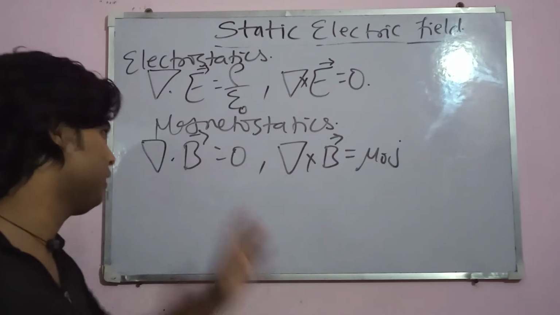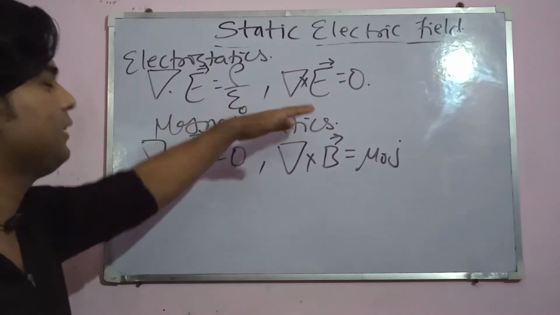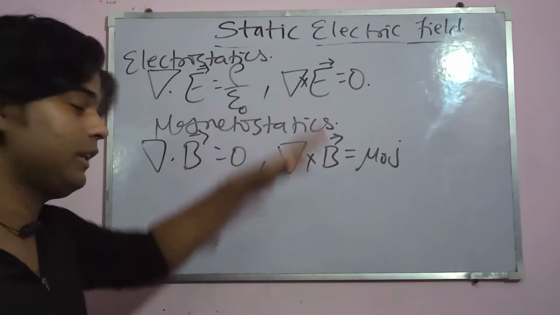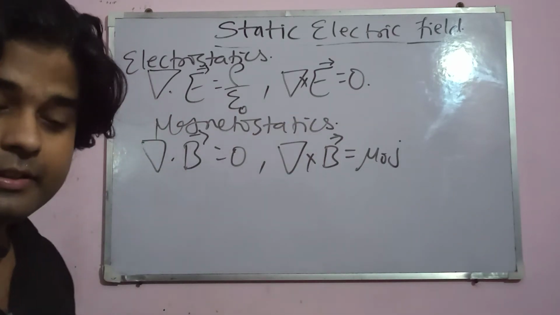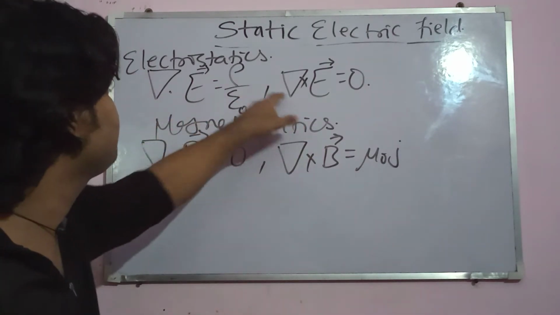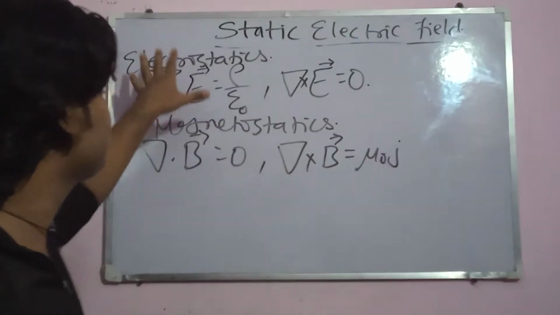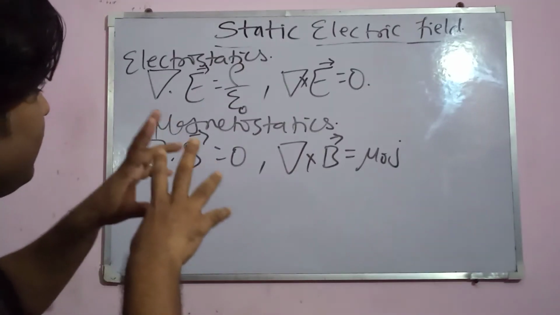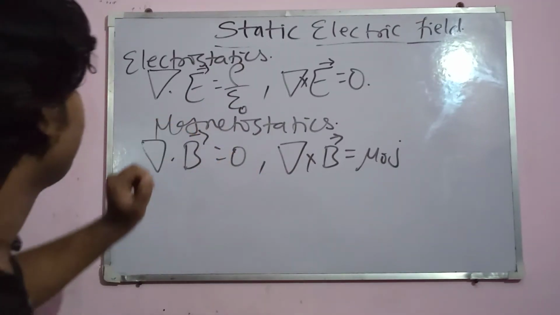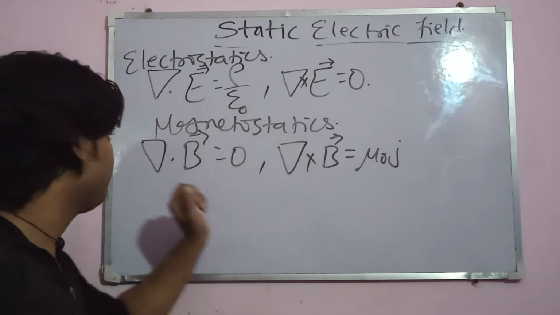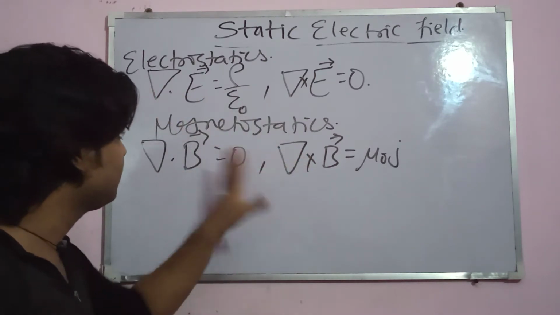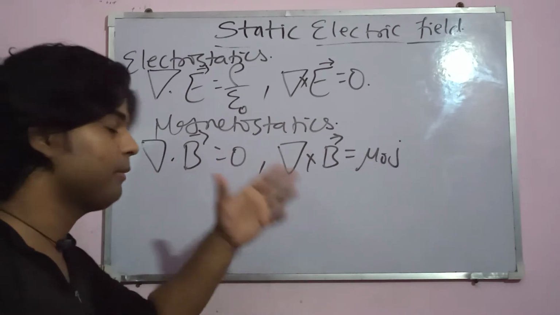Once the electric field is not changing with time, we call it a static electric field, and these give us the equations of electrostatics, where the electric field is static, at rest, and we have to study that phenomenon. Here the magnetic field is at rest, not changing with time, and it is magnetostatics.